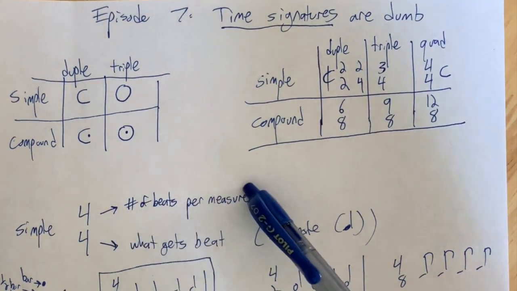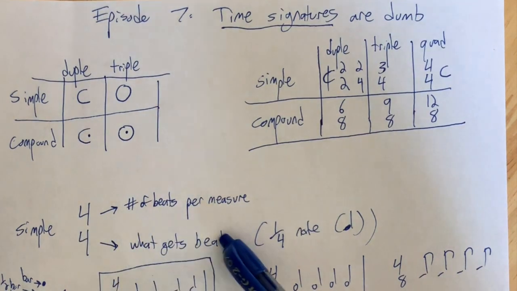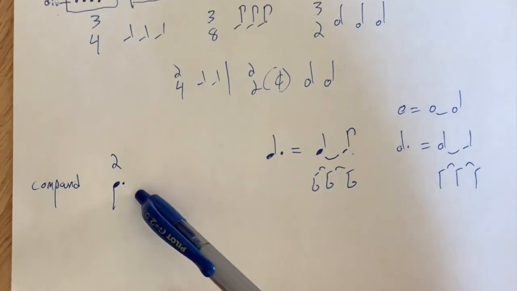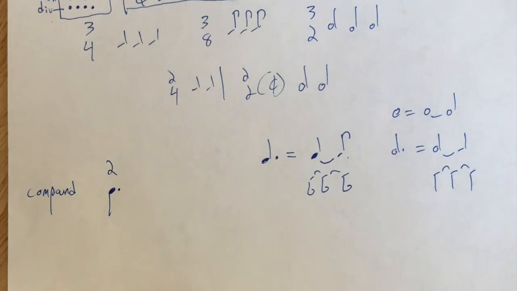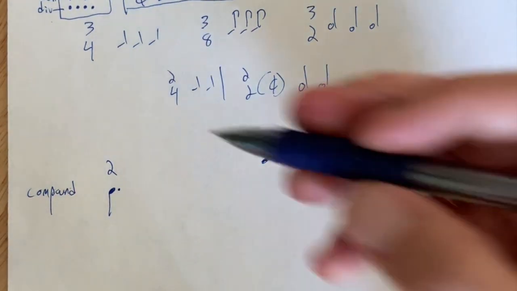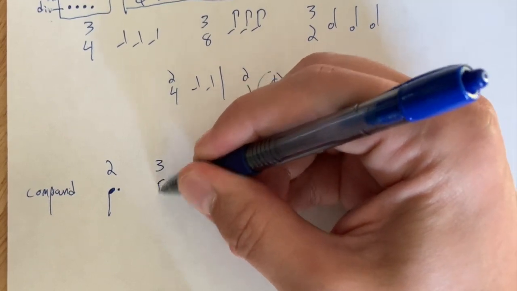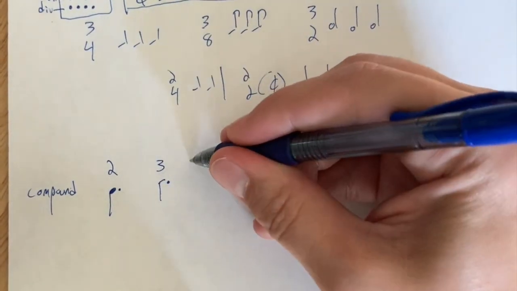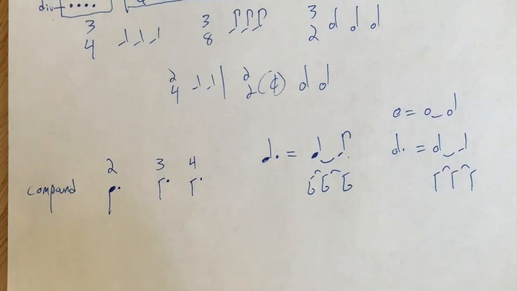Top number is how many beats per measure, bottom number is what gets the beat. So a duple compound meter would be like 2 beats a measure, dotted quarter gets the beat. Or maybe a triple compound could be like this, or a quadruple compound could be like this. But it never really caught on, and the way that had developed over the years never budged, and we still do it the dumb way.